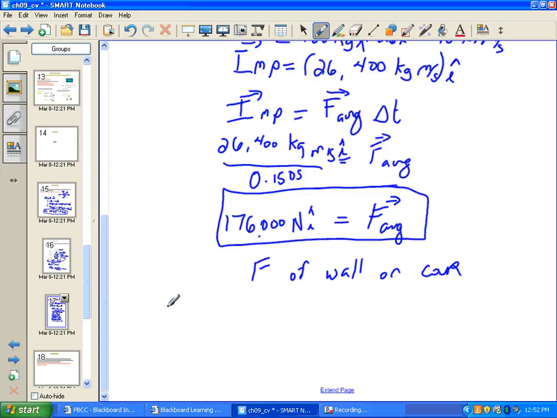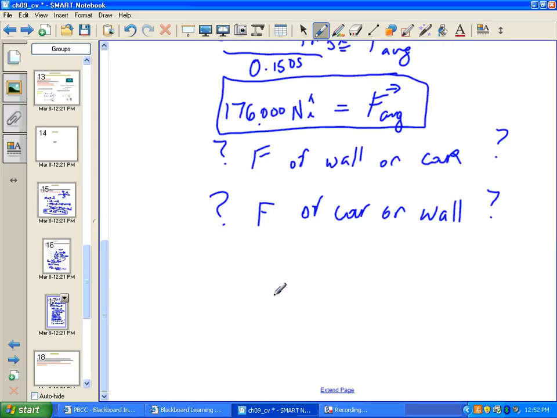How about we throw the following question: what is the force of car on wall? Remember Newton's third law? What did Newton's third law tell us? It guarantees us that action-reaction means that the force that one object exerts on another is equal in magnitude to the force that the other exerts.